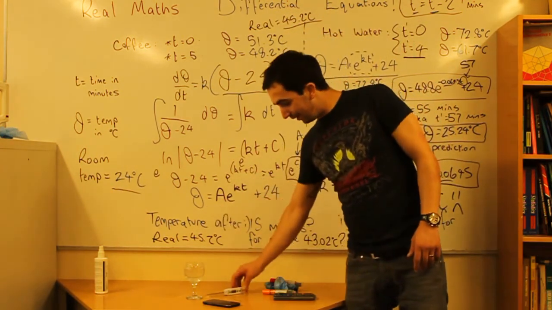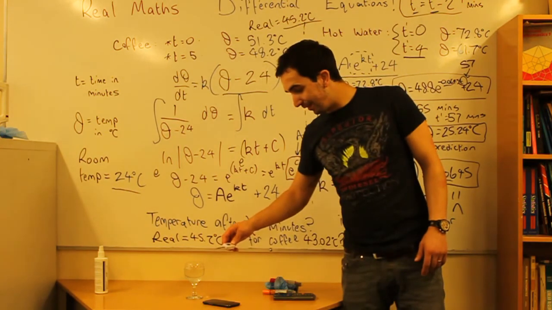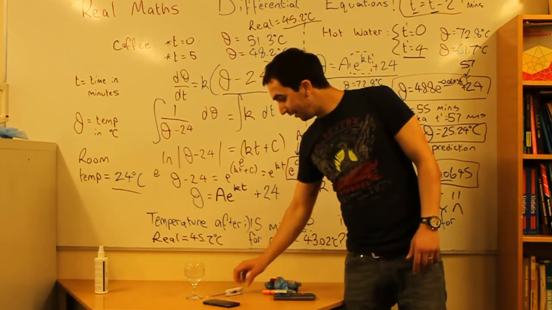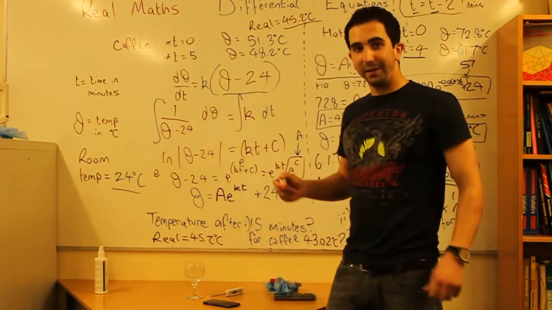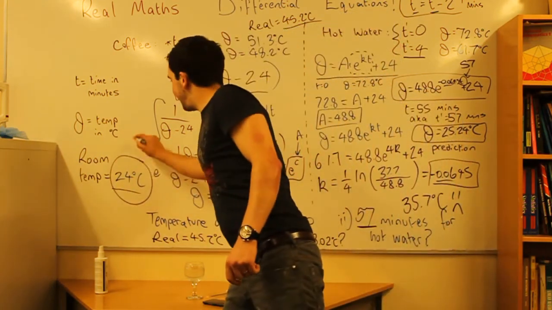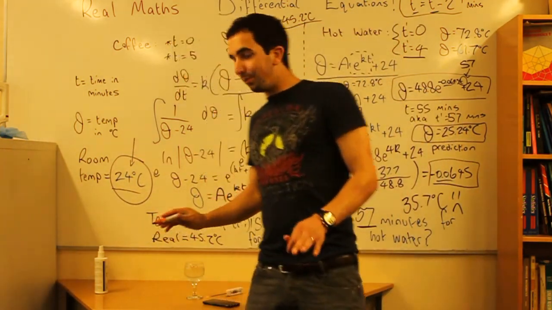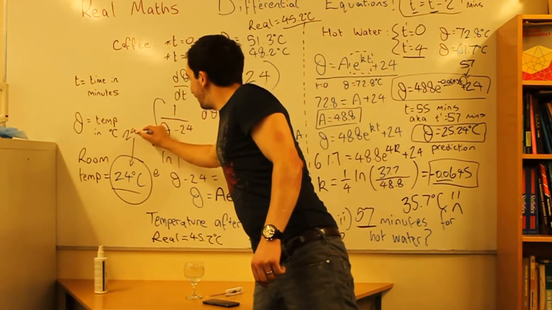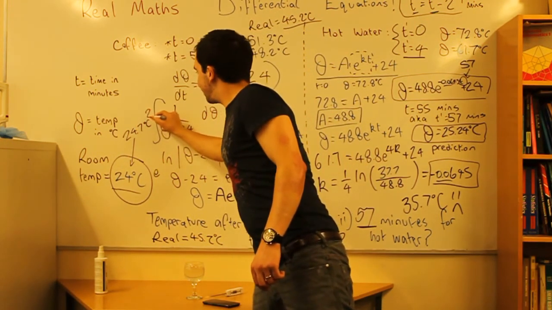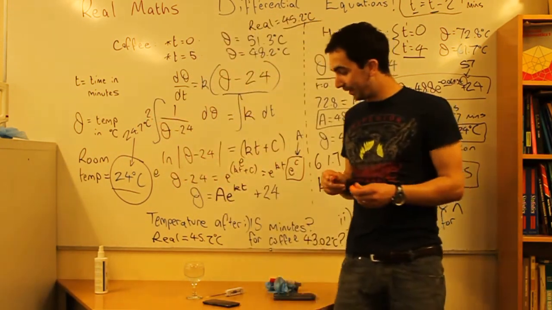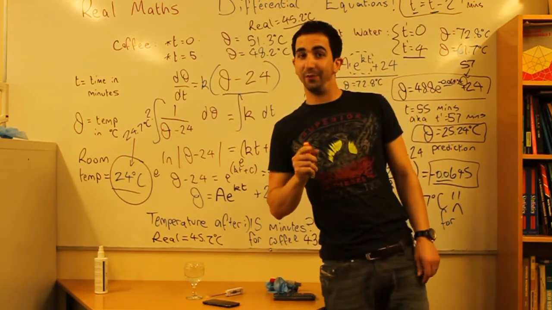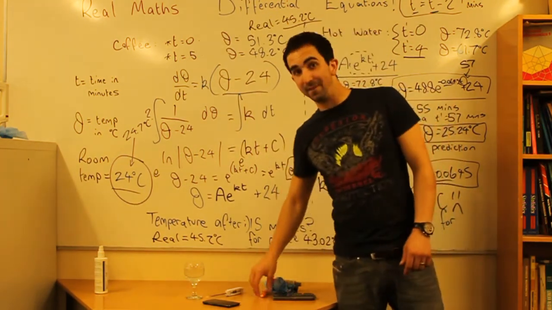Coffee, not bad. If we'd used a better room temperature at 24.7, if you're at home thinking, oh, I wish that had worked a bit better, I'm not going to do it all on the board, but maybe try that with 24.7 degrees C, see if you get a better estimate. I'd be really interested if you let me know in the comments if that works or not.